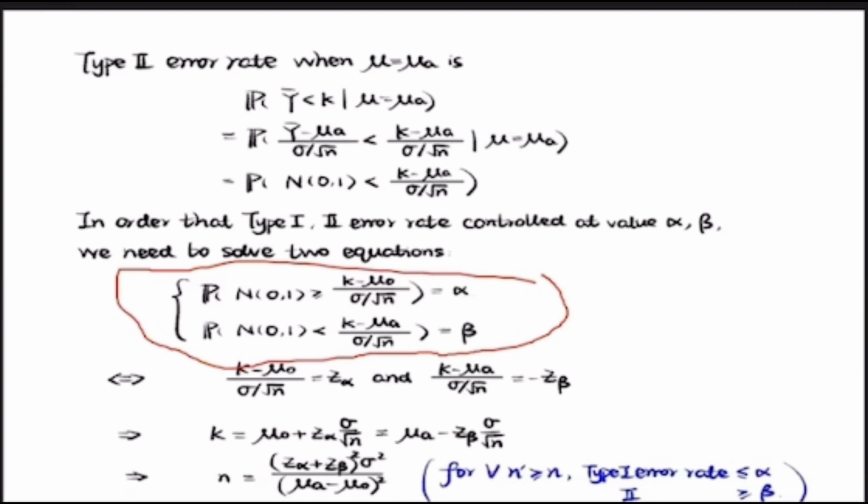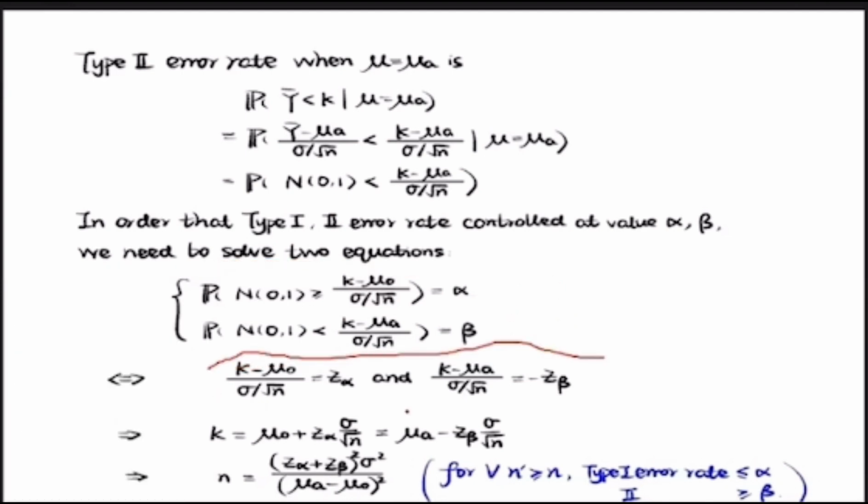Now, if you take a look at this, if I want to remove the probability value, then I'm going to equate that to z alpha and to negative z beta. Please take note, to z alpha and to the negative z beta.